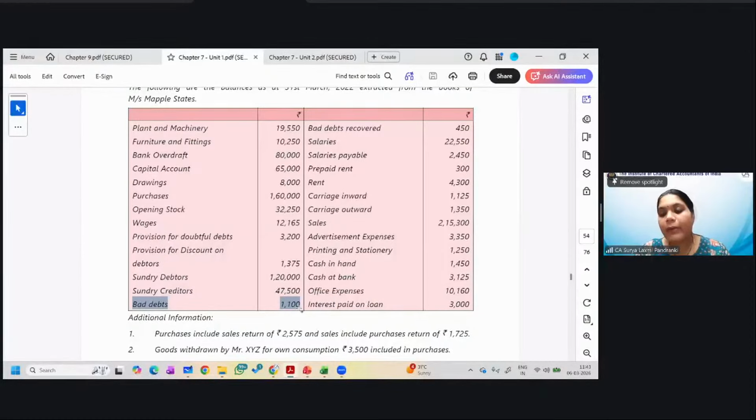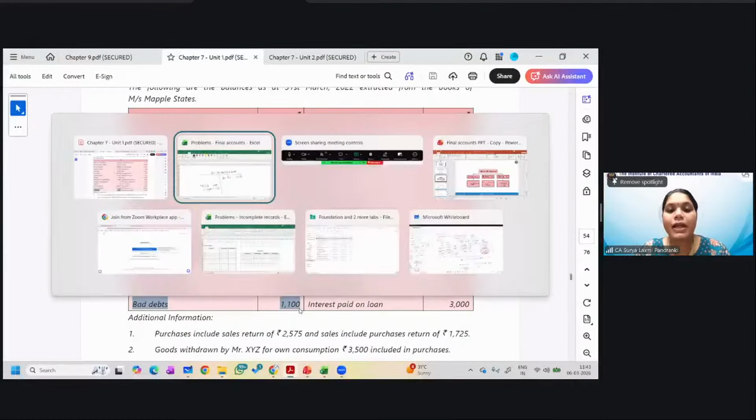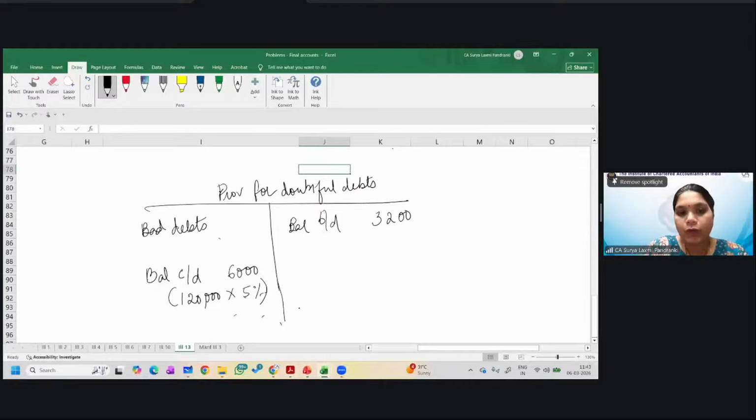This is why I didn't take it in my P&L statement directly, because it has to be adjusted in my provision for doubtful debts. So I have bad debts of 1,100 that year which have to be written down. Whatever is the balancing figure is the amount that will go to my P&L account as the provision I'm going to create.